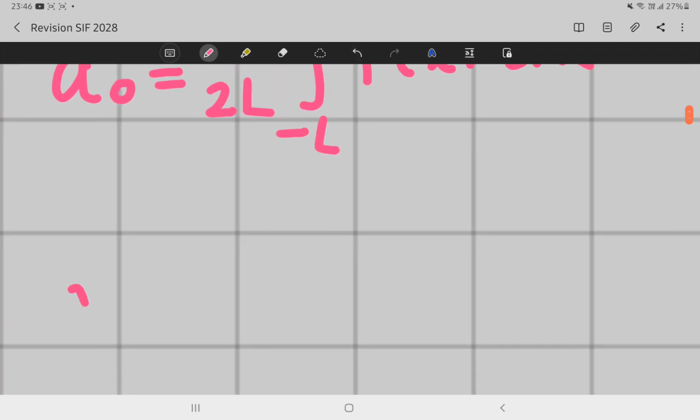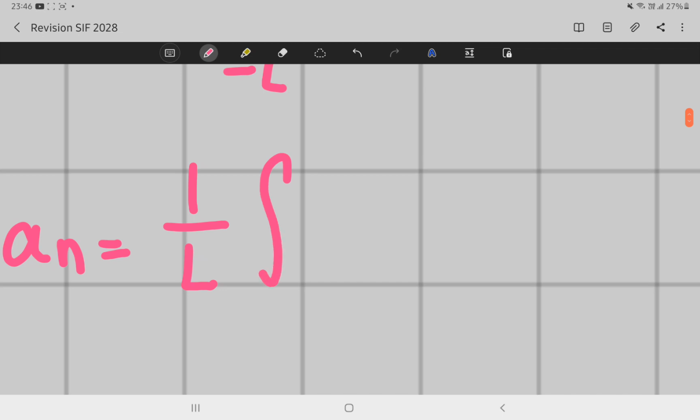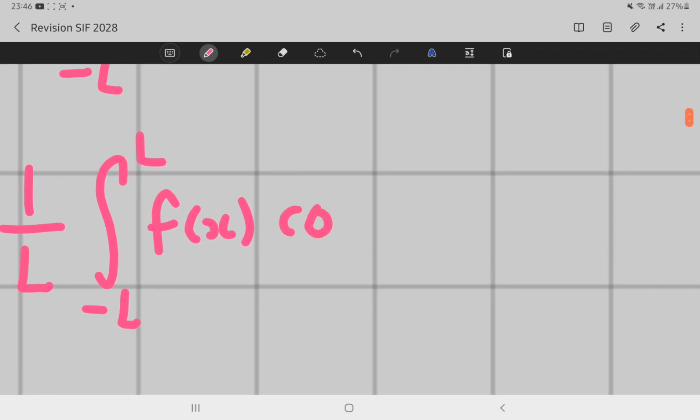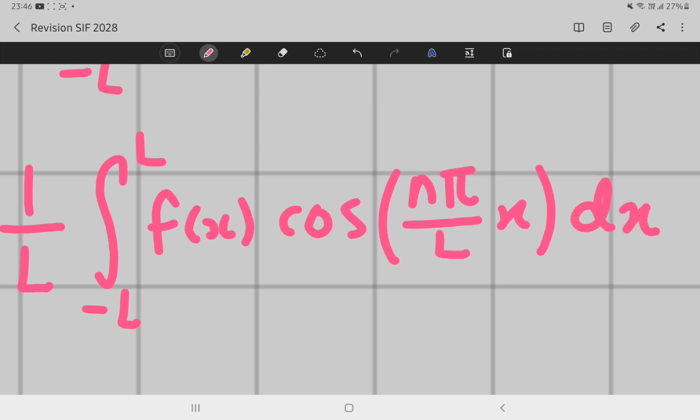What about a n? a n is 1 over L, integration minus L to L of f of x times cosine of n pi x divided by L with respect to x.